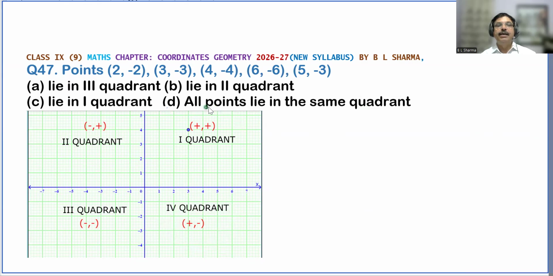So we can say all points lie in the same quadrant. And same quadrant means fourth quadrant. So D is the correct option.